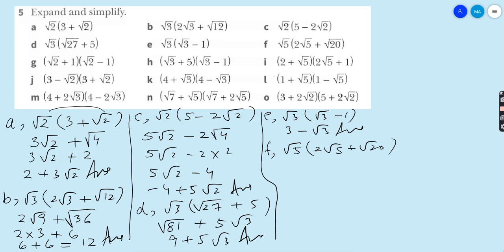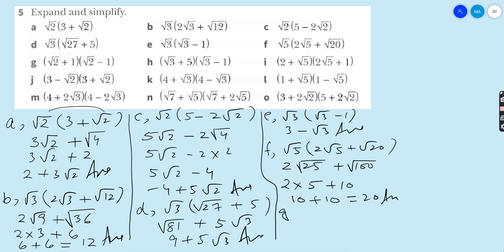So root 5 into 2 root 5: 2 root 5 into root 5 is 2 root 25, plus root 5 into 20, 5 twenties are 100. So 2 root 25, root 25 is 5, and root 100 is 10. 2 fives are 10, 10 plus 10 is 20. Answer of part F is 20.